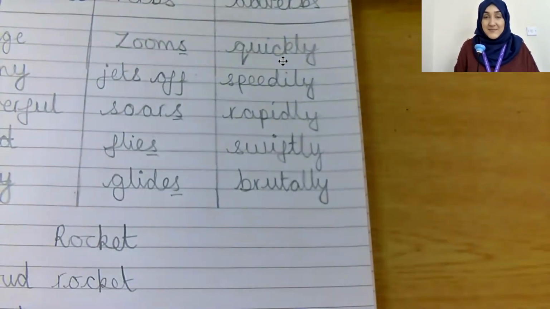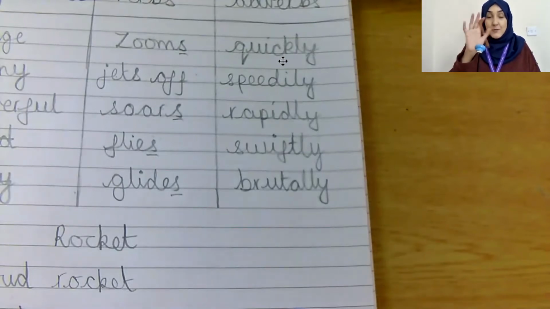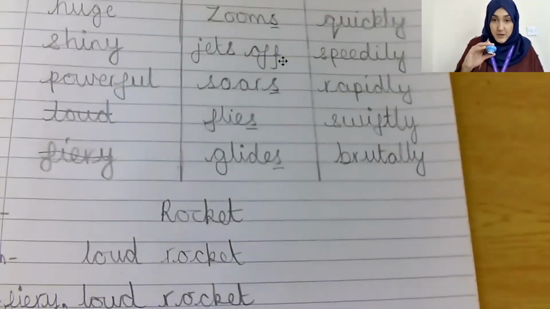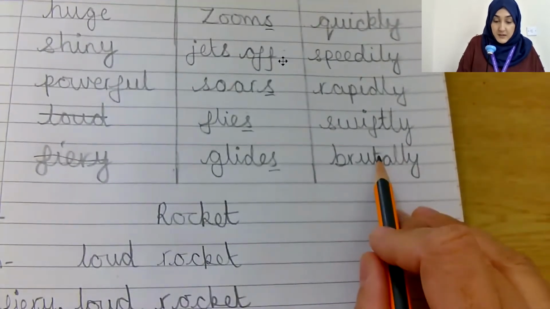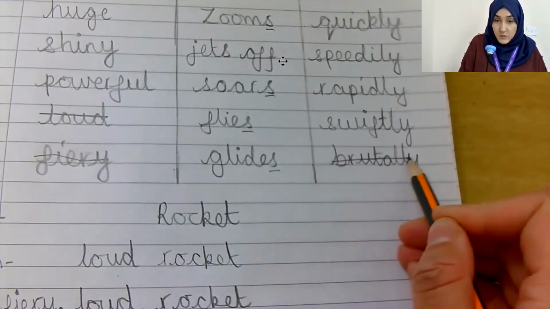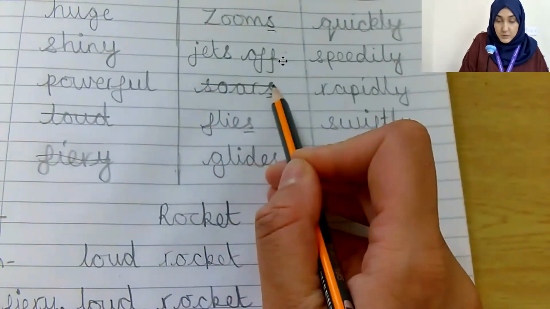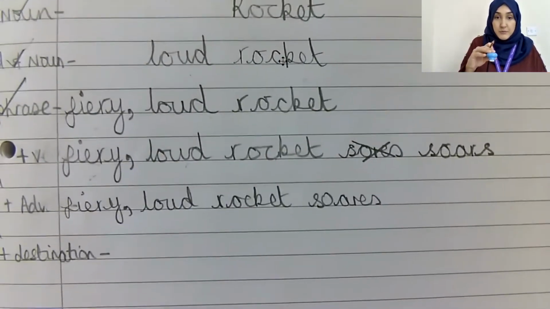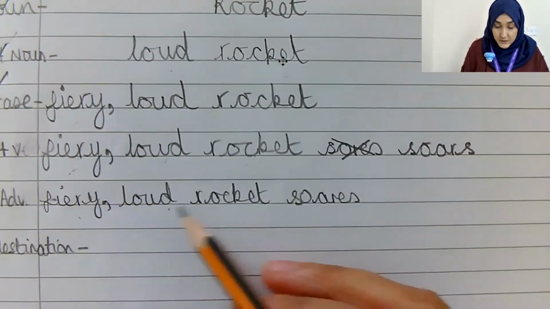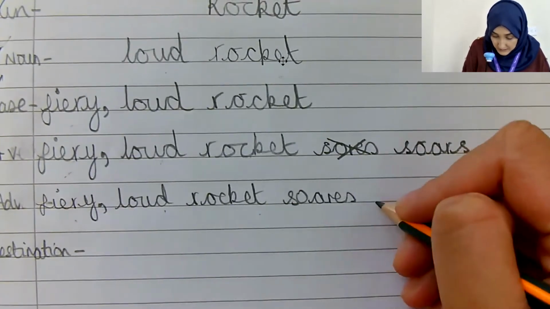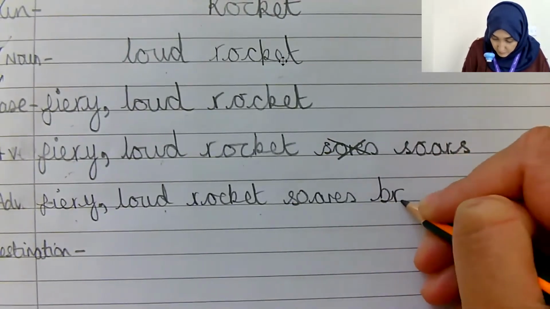Show me your fingers. I agree with all of you children. I think 5 would look fantastic, so I'm going to use brutally. So I've got to cross that out, and cross out soars because I've used soars already. Right, so fiery loud rocket soars brutally.